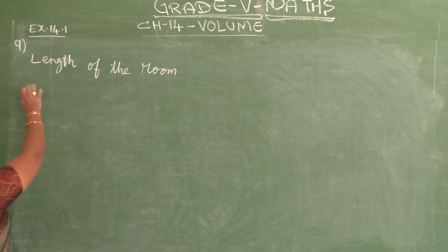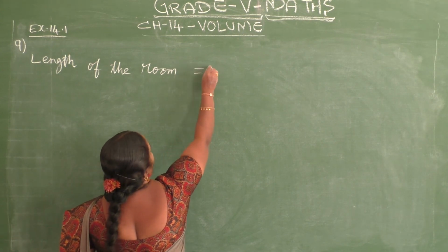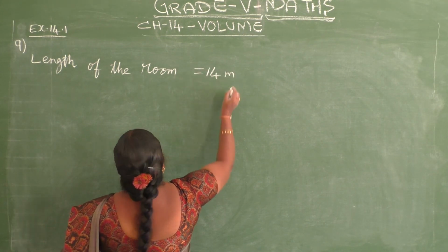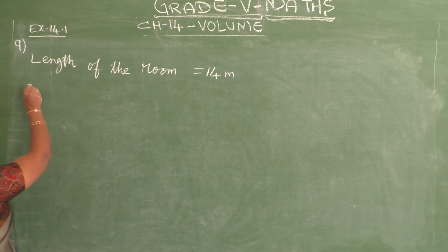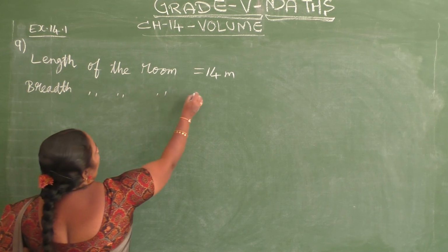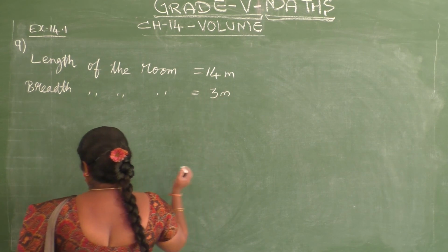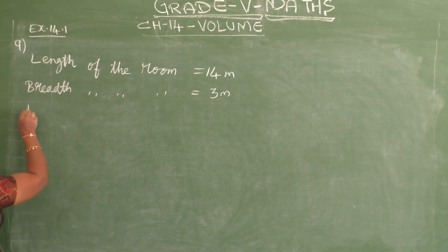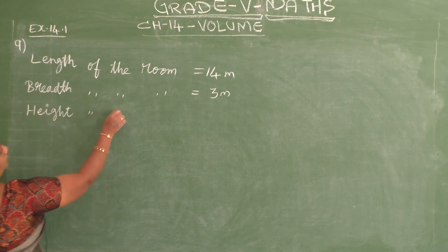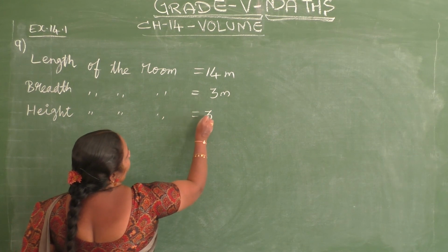9th one, see length of the room. Length of the room they gave 14 meter. Breadth of the room, 3 meter. And then height. Height of the room, 3.5 meter.